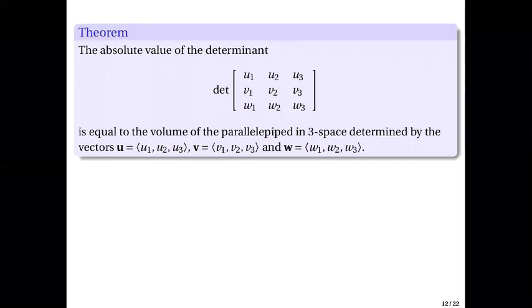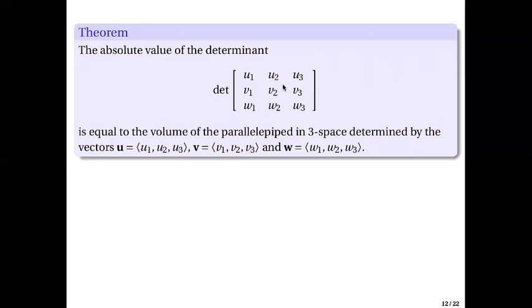Now, let us look at this. The absolute value of the determinant given by this: the determinant of U1, U2, U3, V1, V2, V3, W1, W2, W3. This is equal to the volume of the parallelepiped in three-space determined by the vectors U, V, and W. And this is your scalar triple product.